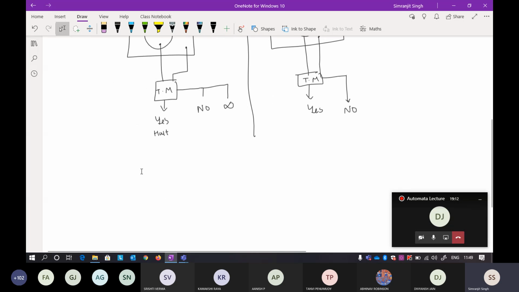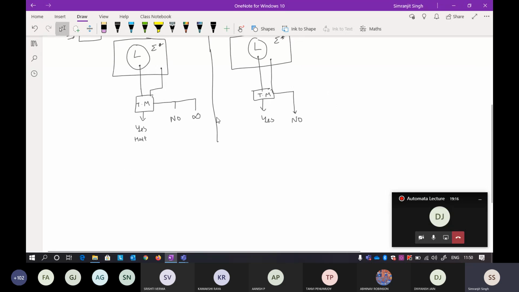So for accepting these languages, the Turing machine is also divided into two parts. The recursive languages are accepted by something called a halting Turing machine, and the recursive enumerable part is only accepted by a Turing machine. It can be halting, it cannot be halting, it may fall into an infinite loop.